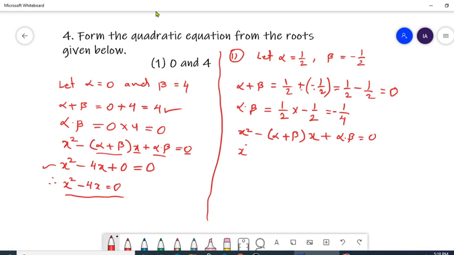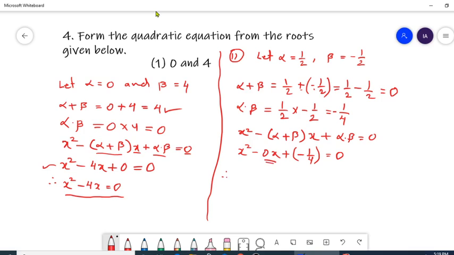So this is x square minus (alpha plus beta), that is 0x, plus alpha into beta, which is minus 1 by 4, equals to 0. Now this 0x doesn't make any sense in the equation.